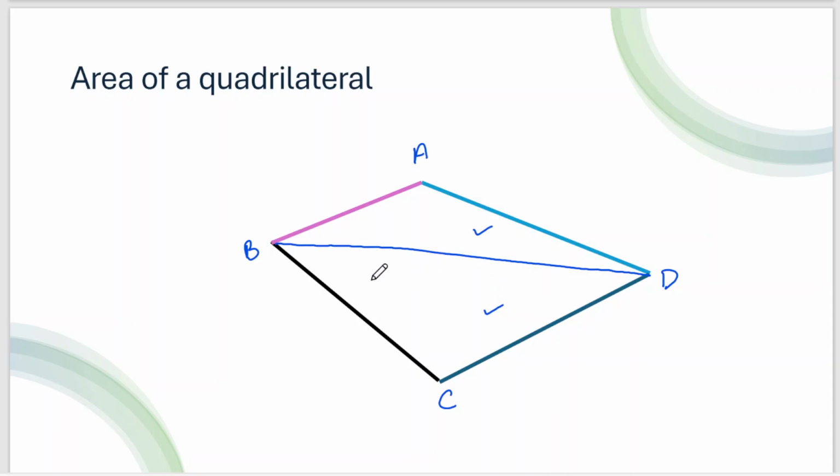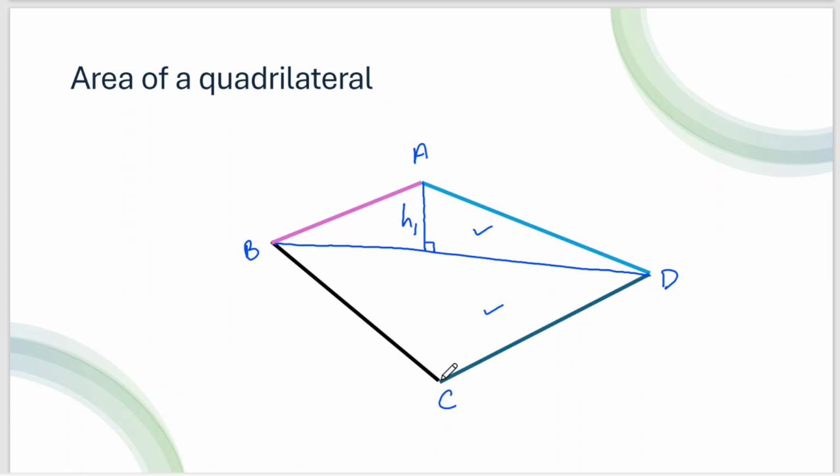Now, if I draw a perpendicular to BD from A, I will get the height for this triangle. Let us write it as H1. Now I can draw another height from vertex C to this diagonal.